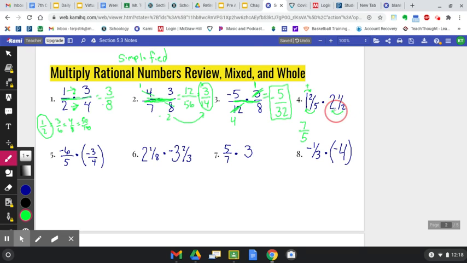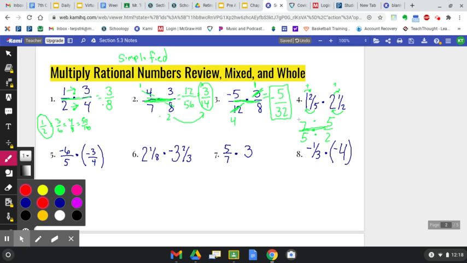Over here, 2 times 2 is 4, plus 1 would be 5 over 2. This is multiplication, so I'm just going to multiply here, and then let's reduce before going in. I can see that 5 goes into 5 once, and into 5 once. So now I have 7 times 1, which is 7, and 1 times 2 is 2.